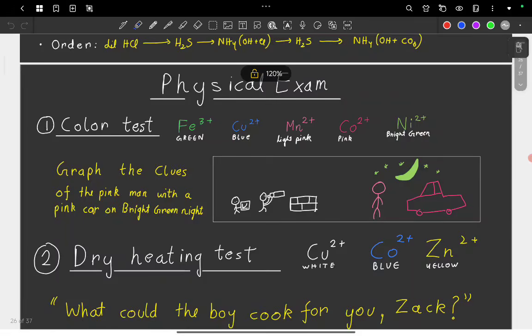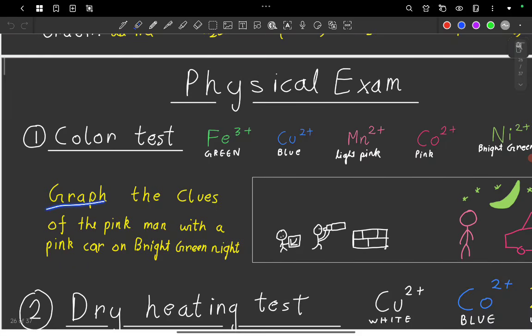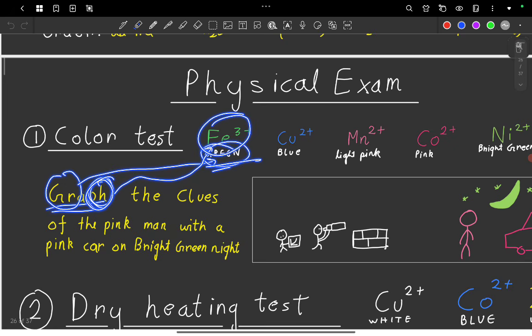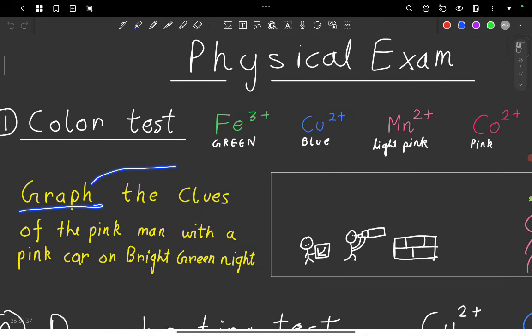Now, how do I use this to remember? Well, graph, graph, green, green, and graph, ferric iron. So using graph, you remember that green means the ferric iron, and clue.